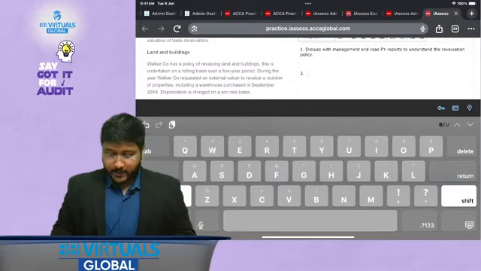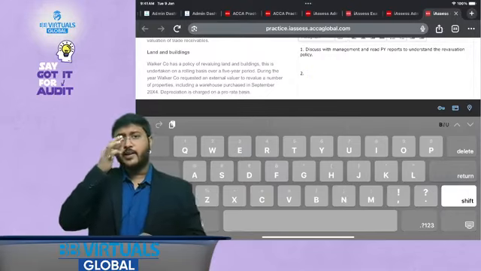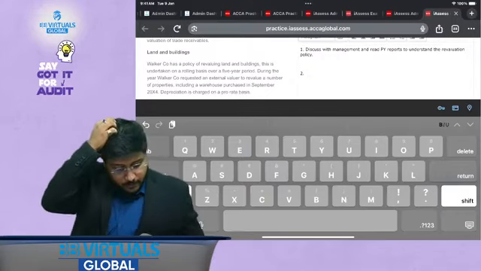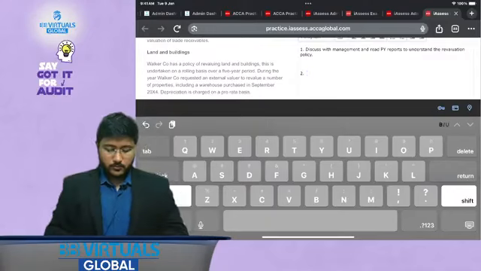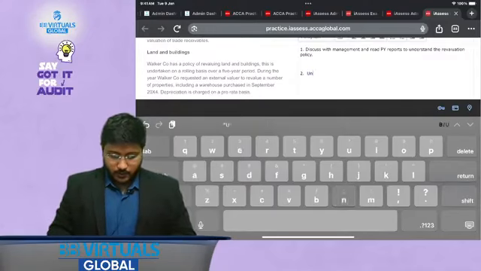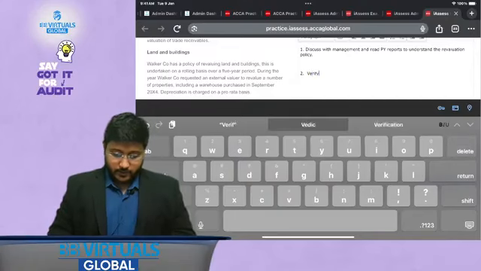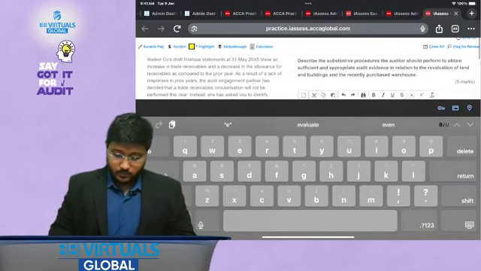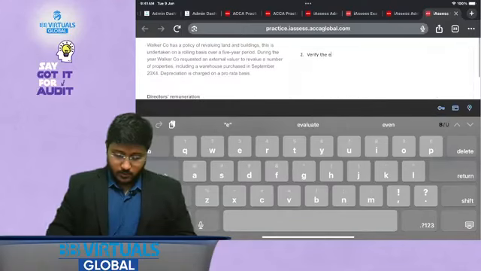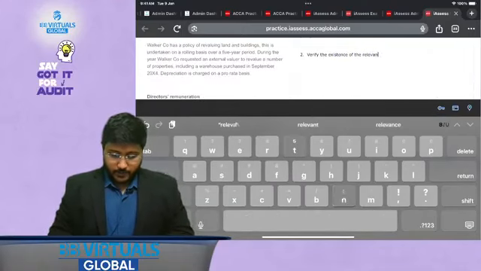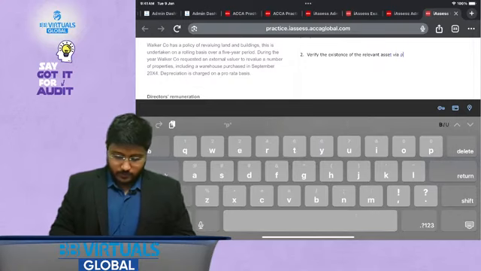It should not happen that they are following this policy for the current year but saying that we always follow it, right? Then verify the existence of the relevant asset via physical verification.